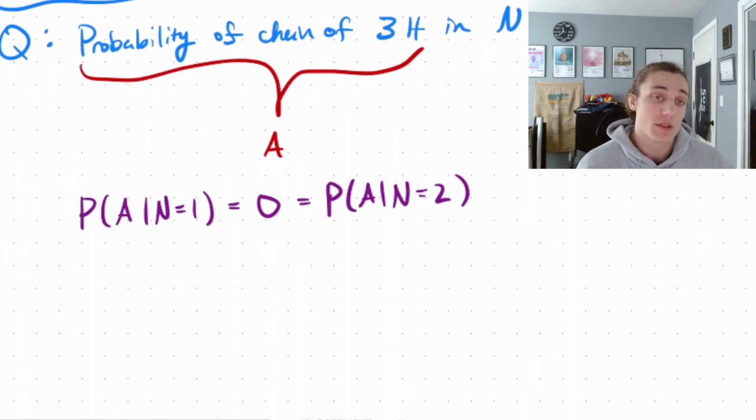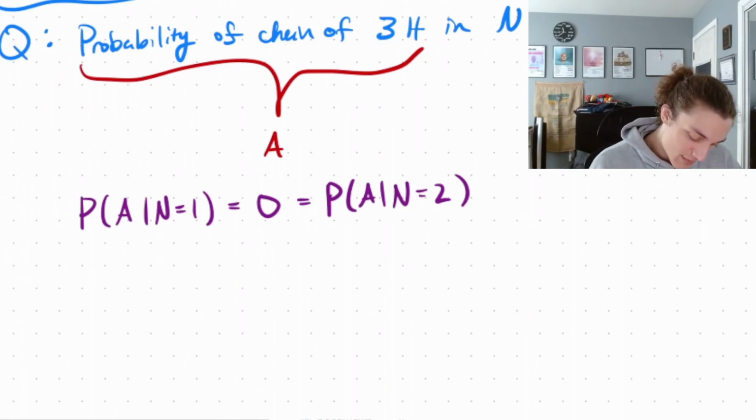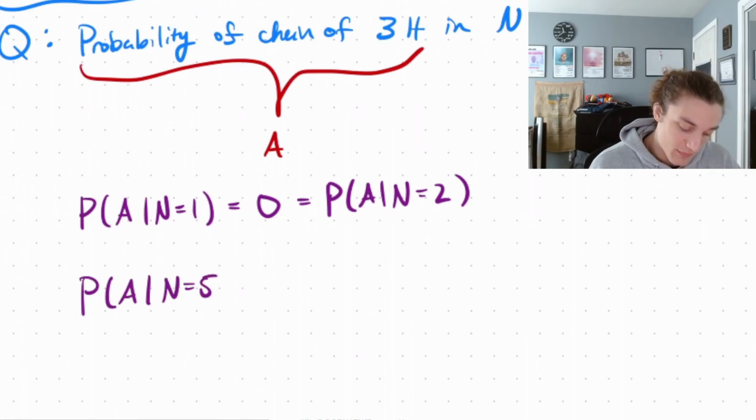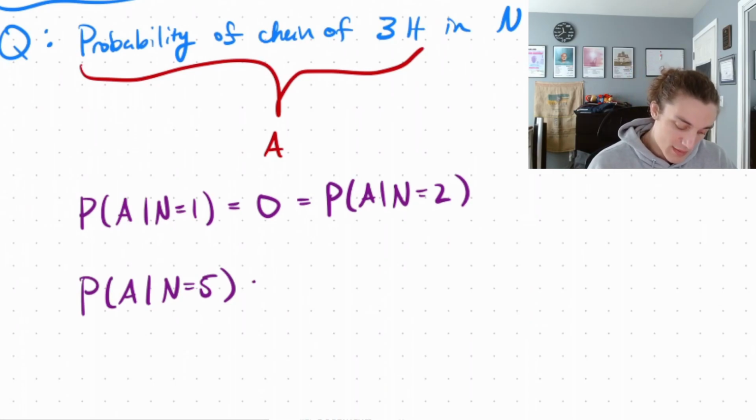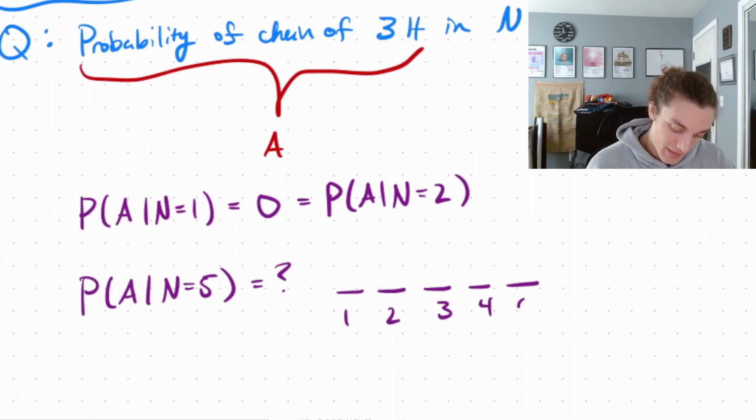Things start to get interesting as you increase n. So let's say that we're looking at n is equal to, say, 5. This is going to start to get a little overly complicated very quickly. So what is this probability? Well, essentially we have 1, 2, 3, 4, 5 coin tosses. And we're looking for chains of heads.